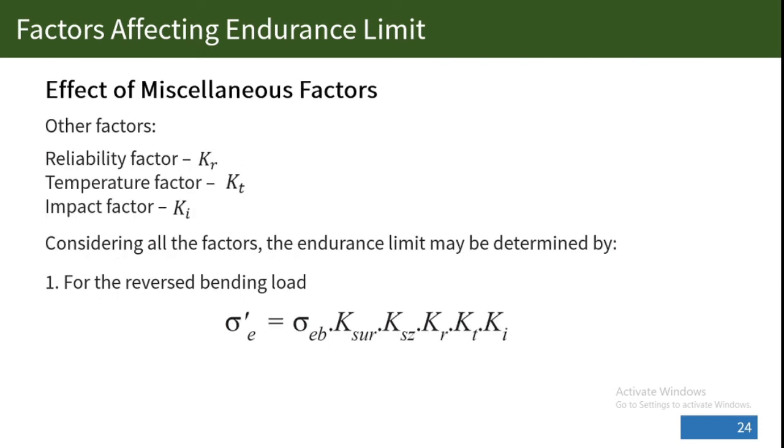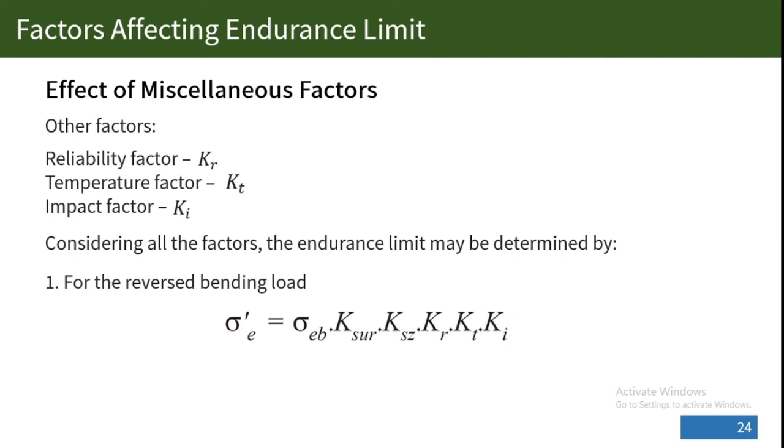So, in addition to the surface finish factor K sub SUR, the size factor K sub SZ, and the load factors K sub B, K sub A, and K sub S, there are many other factors that may be considered for determining the endurance limit of a material.